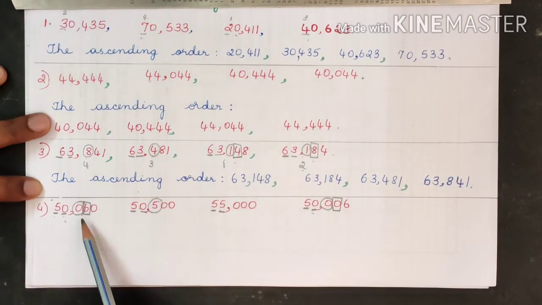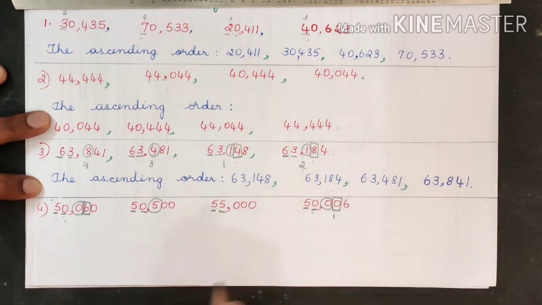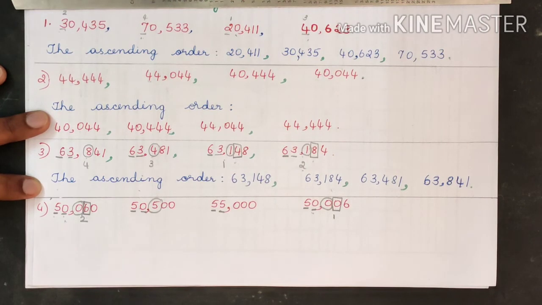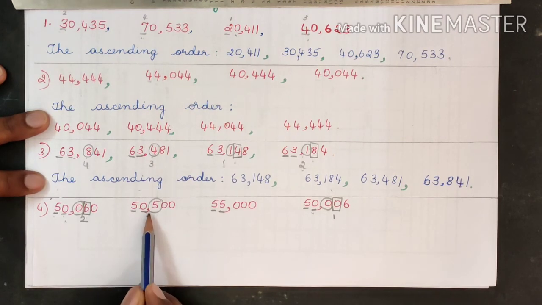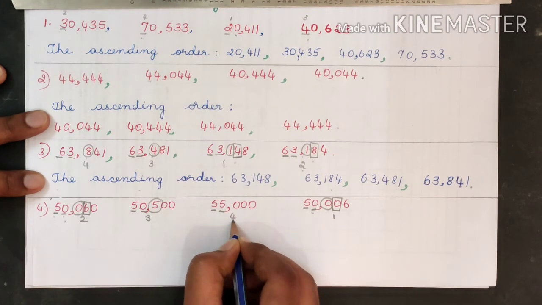Among 0 and 6, 0 is small. This number comes first, this number comes second. Over. Now we are left with this number. So this is by default third and this is the fourth number.